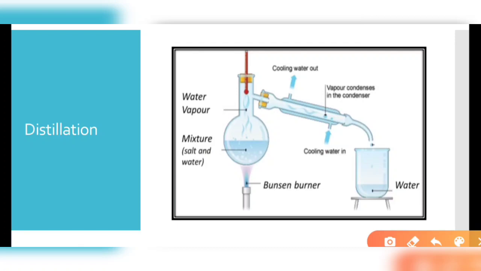In simple distillation, we apply heat from the bottom, and when the boiling point of one of the substances is reached early, it forms vapors and moves into the condenser, where it condenses into liquid. We can separate it out, and then provide more temperature so that it reaches the next boiling point, and we can separate that one too.